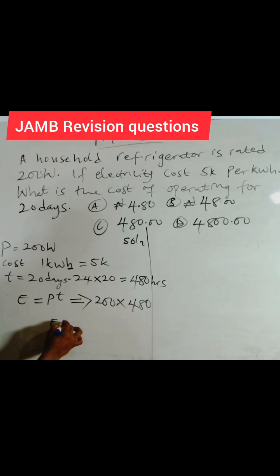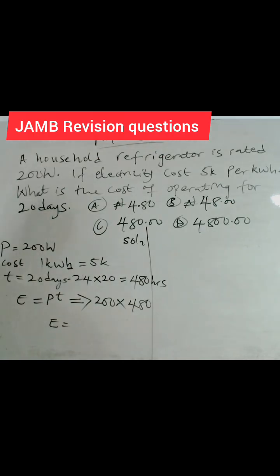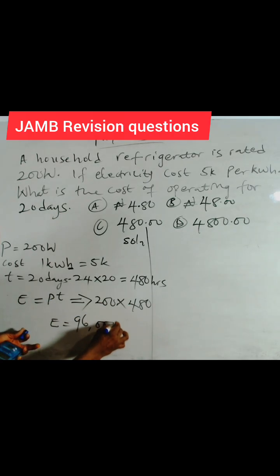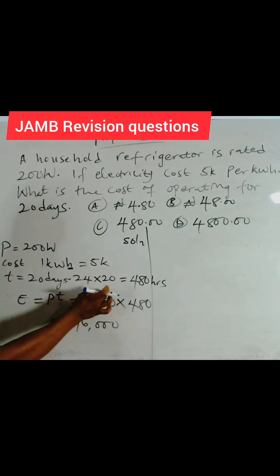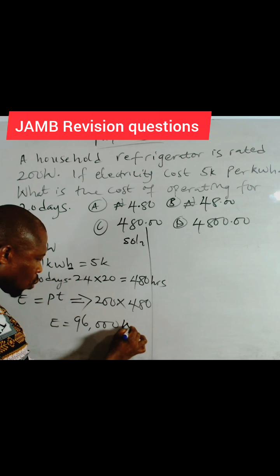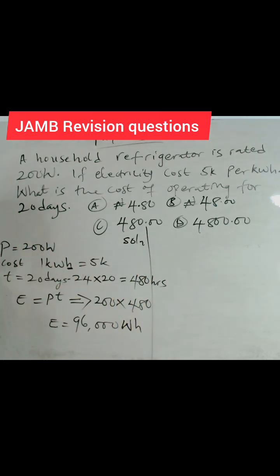It will give us that the energy consumed is 480 multiplied by 200. And when you do that, you get 96,000. Remember, this one is in watt, this one is in hour. It will give us 96,000 watt hour.